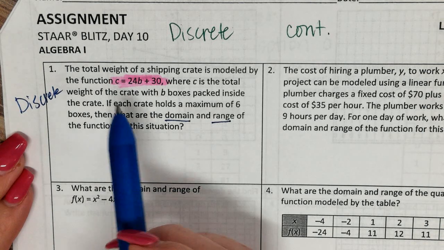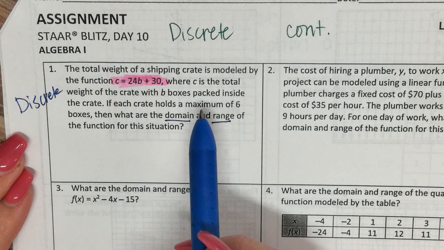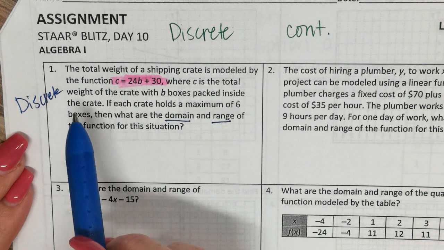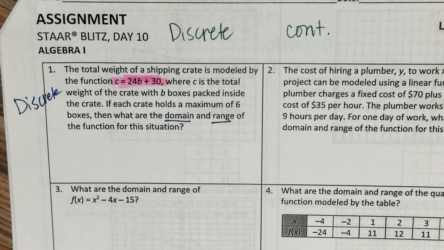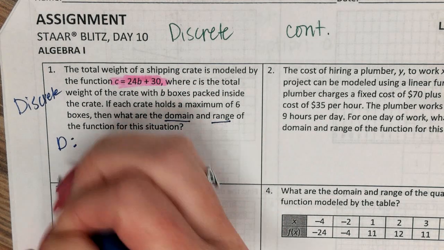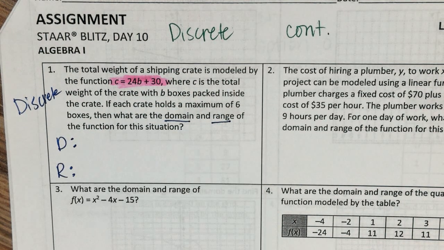It says if each crate holds a maximum of 6 boxes. So your domain is from 0 to, I did not say an inequality from 0 to 6. It's 0 or 1 or 2. You see what I'm saying? Or 3 or 4 or 5 or 6. Then you're going to write the domain, and then you're going to find the range that goes with that domain. And you can use your y equals button and go to second table.